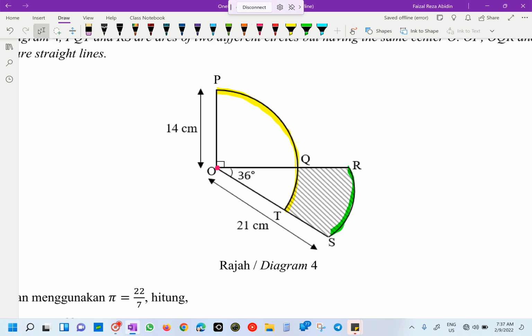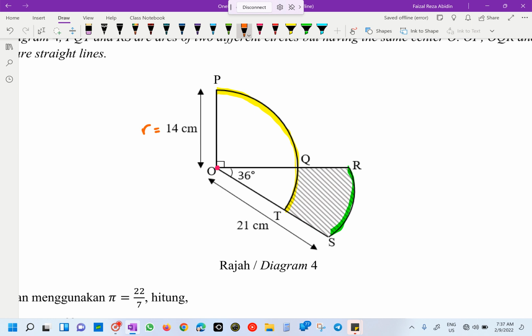Before we answer, you have to look at diagram 4 here. It's given that O to P there is 14. What is OP? Yes, this is the radius for the arc PQT, the radius for the yellow one.